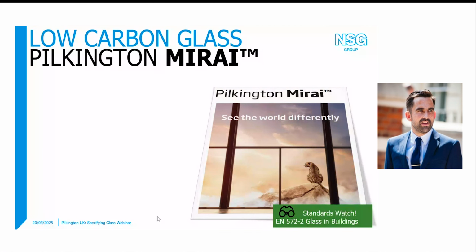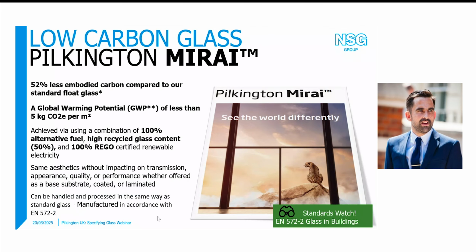So low carbon glass, obviously I've explained all the ingredients that go together to producing low carbon glass. Pilkington launched our own low carbon glass, Mirai, back in October 2023. So Pilkington Mirai has 52% less embodied carbon compared to our standard float glass.